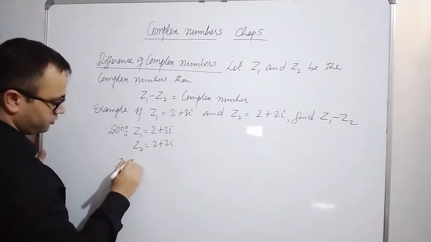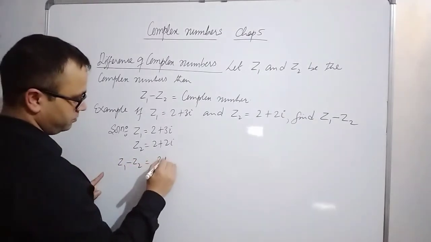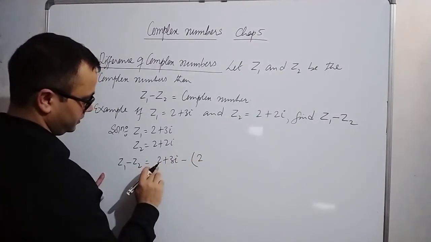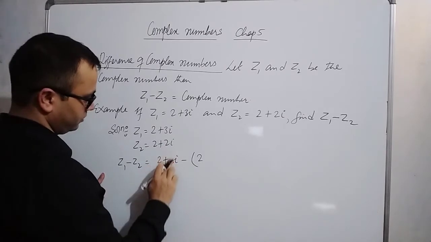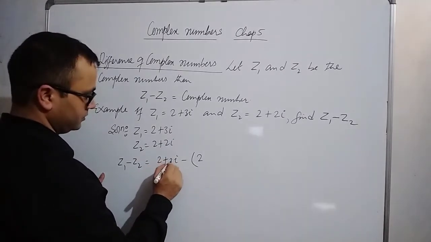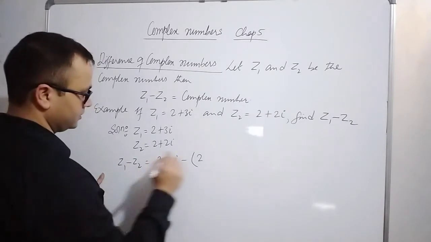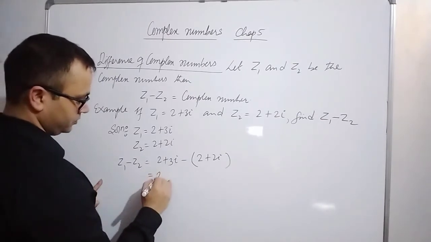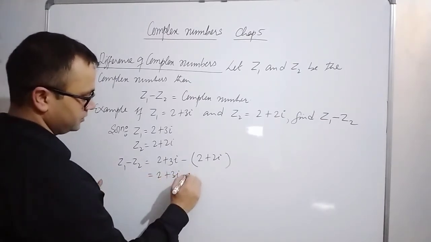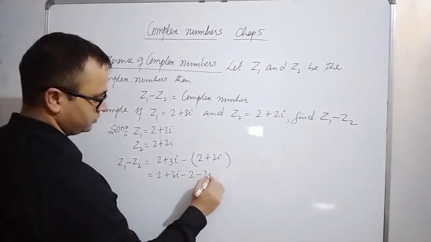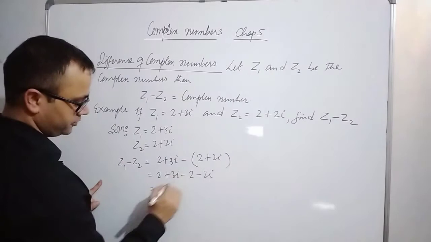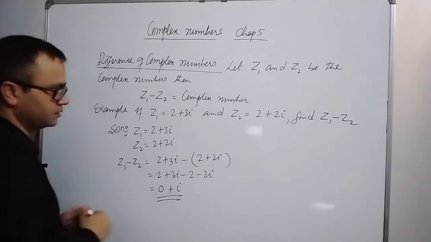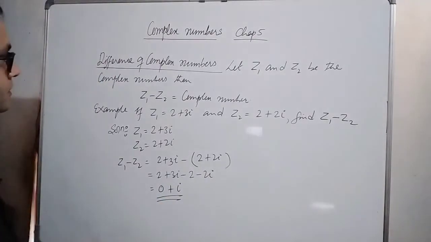Now we calculate Z1 minus Z2: 2 plus 3i minus, inside the bracket, 2 plus 2i. Minus into plus is minus 2i. So 2 minus 2 is 0, and 3i minus 2i is only i. So this is also a complex number. This is the difference of complex numbers.